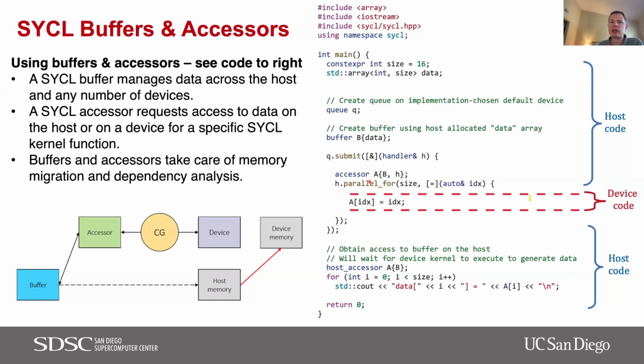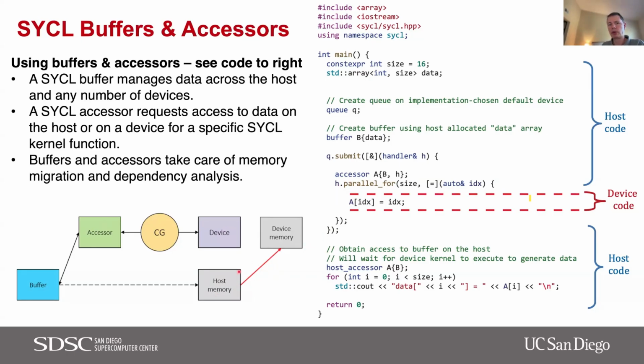Now we can say, okay, we want to access that buffer. We have created an accessor that's actually inside of a command group that's running on the device. What's going to happen is that the compiler analyzes the source code, builds a graph of dependencies and knows that this needs to be in device memory at that time.